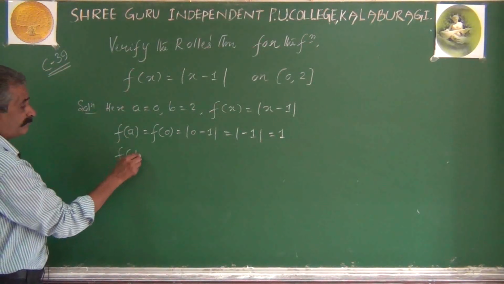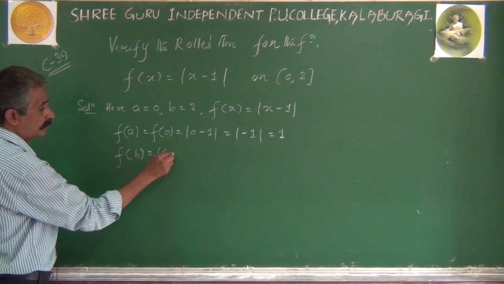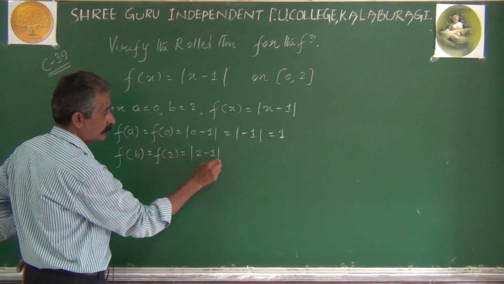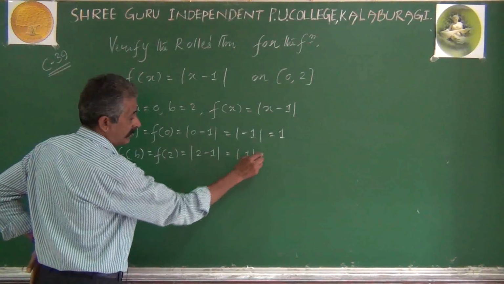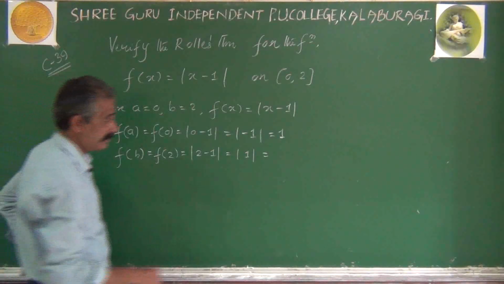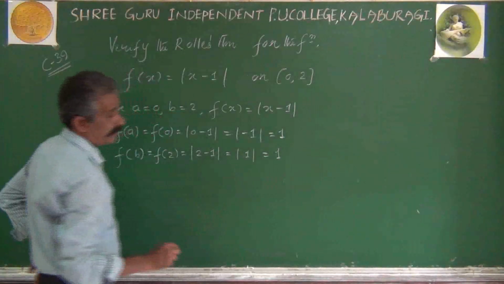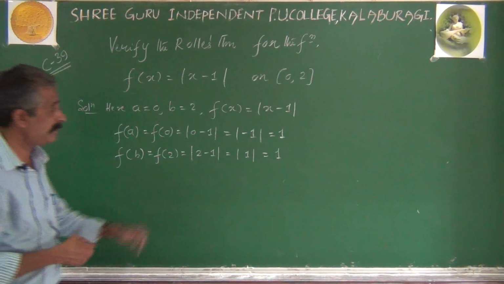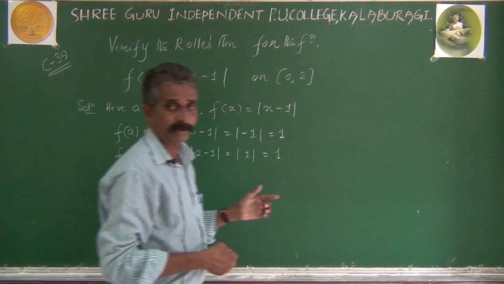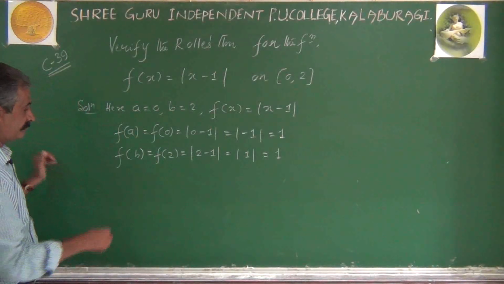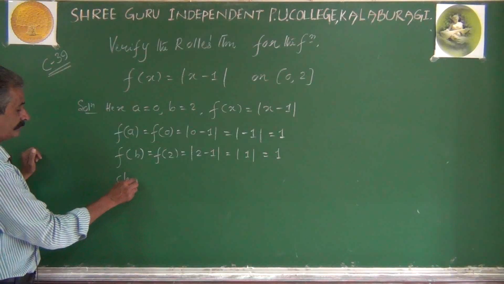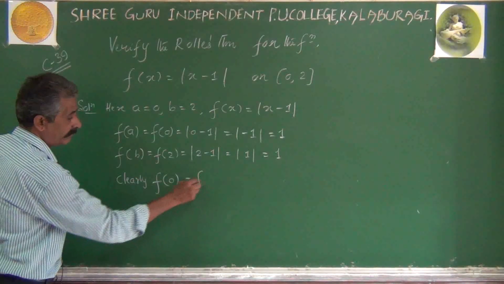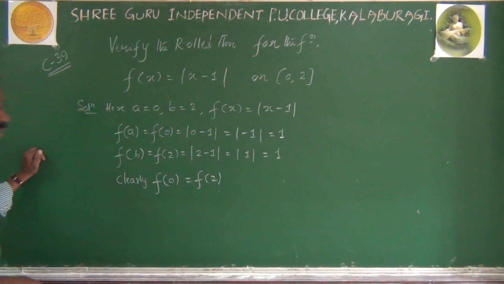Also f of b means f of 2, means modulus of 2 minus 1, that is equal to modulus of 1, and absolute value of 1 is 1. Absolute value of minus 1 is also 1. Very clearly f of a equal to f of b is satisfied. F of 0 equal to f of 2 is satisfied.